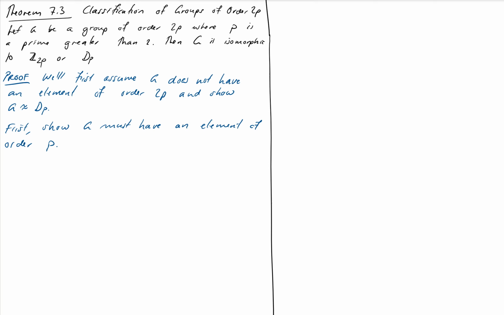All right, so by Lagrange's theorem, which I'll just abbreviate to LT, every non-identity element must have order 2 or p, because the order of an element must divide the order of the group. The order of the group is 2p. So every non-identity element must have order 2 or p.